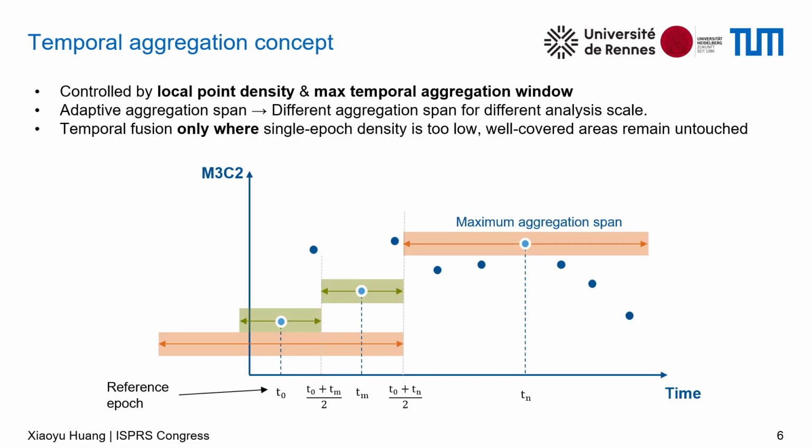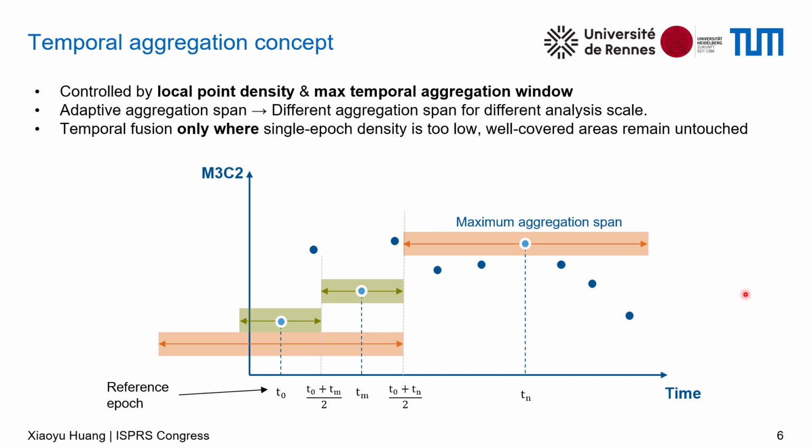But this search does not go on forever. To prevent merging data from vastly different timestamps, the search is constrained by a maximum temporal aggregation window. This window is adaptive and depends on the analysis scale.